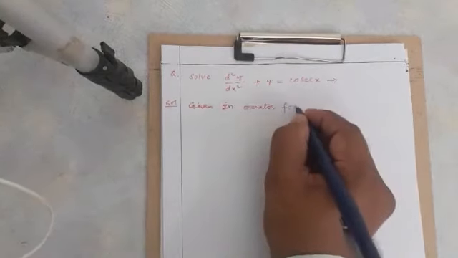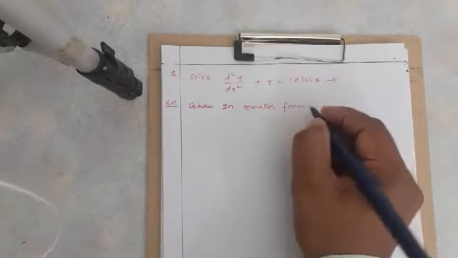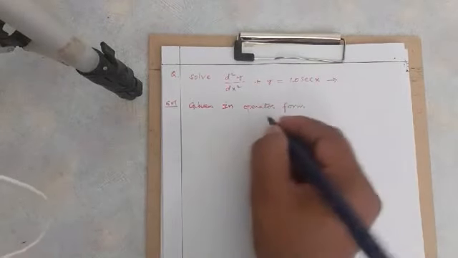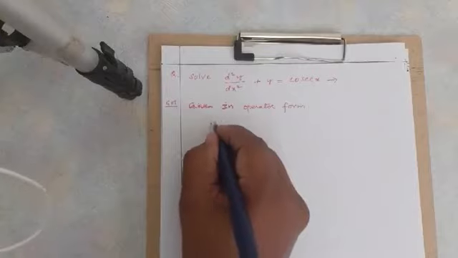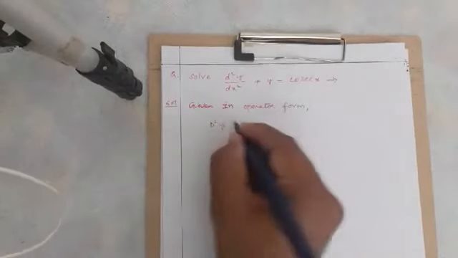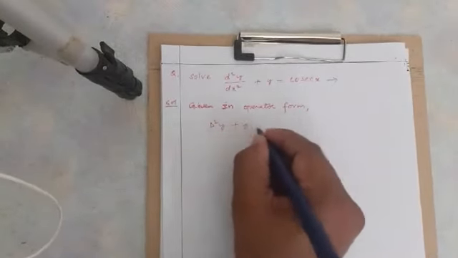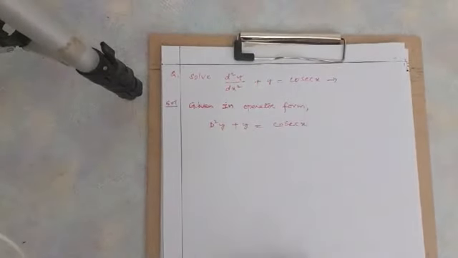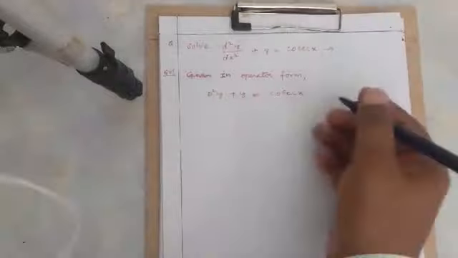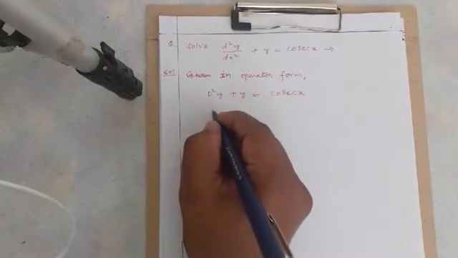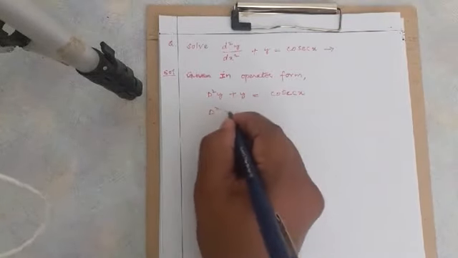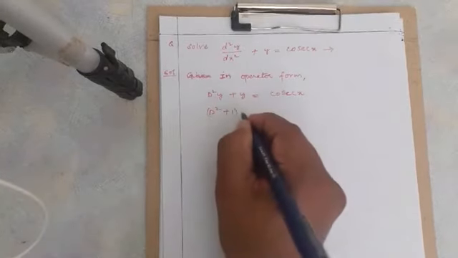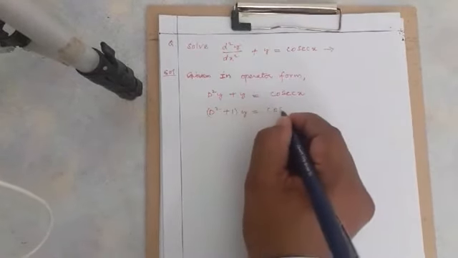In operator form, this becomes D squared y plus y is equal to cosec x. You can take this as equation 1. Now you can write this as D squared plus 1, taking y as common, is equal to cosec x.